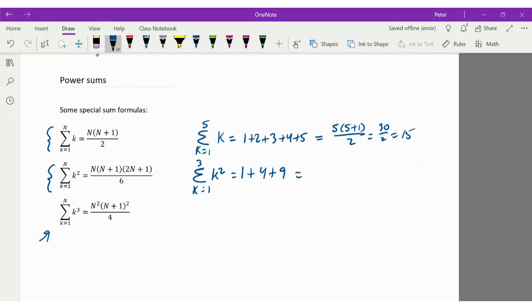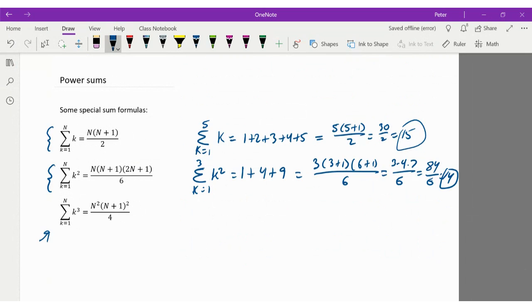That's equal to 3 times 3 plus 1 times 2 times 3 plus 1 over 6. So that's 3 times 4 times 7 over 6, which is 84 over 6, which is 14. So that does in fact work.